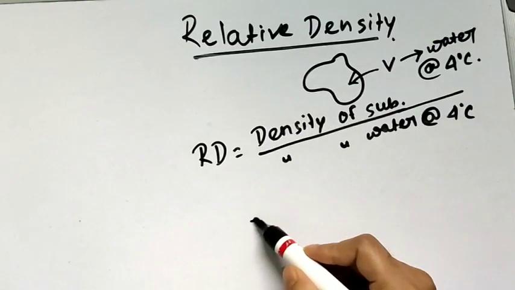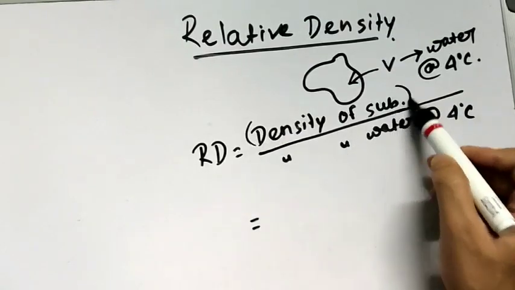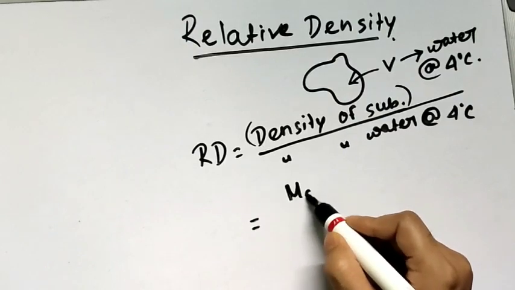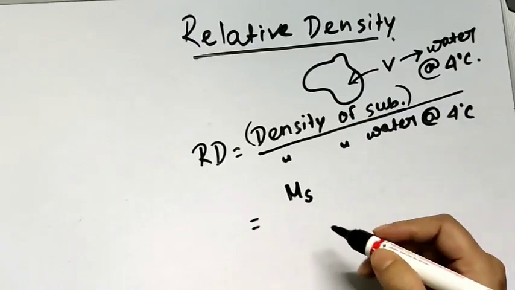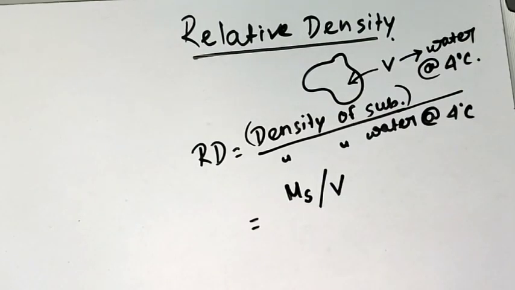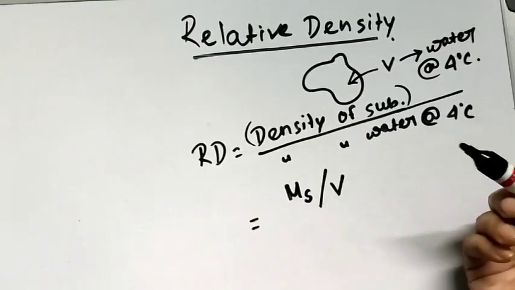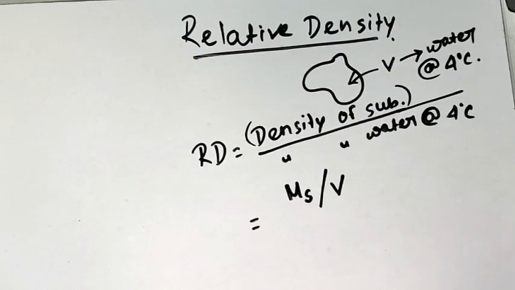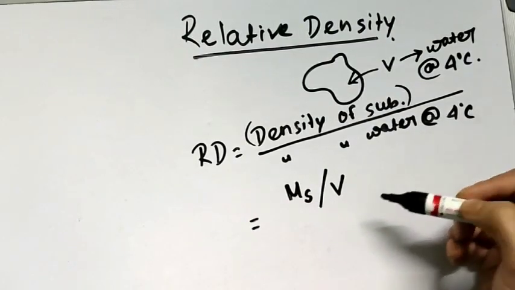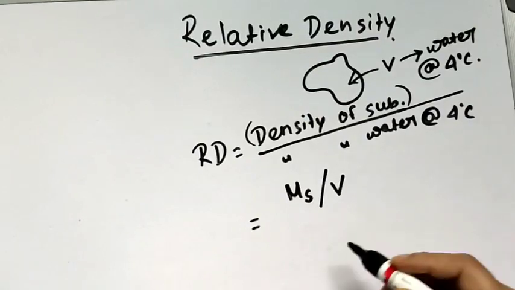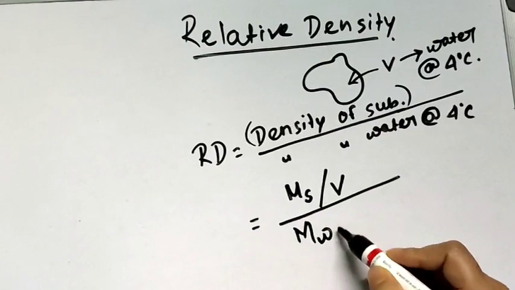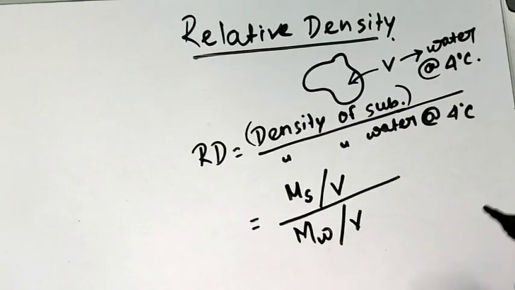Now as we have studied earlier, density of substance can be written as mass of that particular substance, ms, over volume of that substance. The ratio of mass per unit volume is the density of that substance. As the volume is equal to that of the water, I'm writing only V. And for water, mass of water by volume.